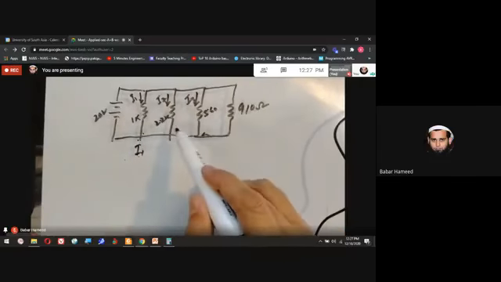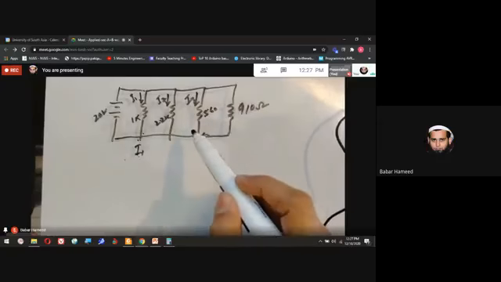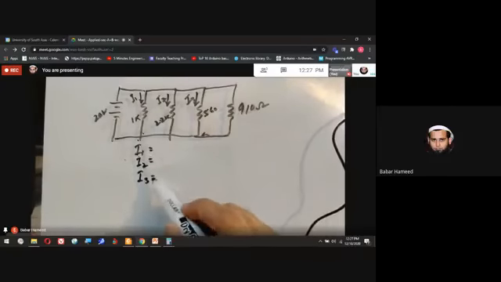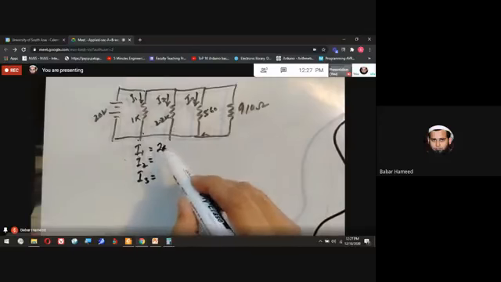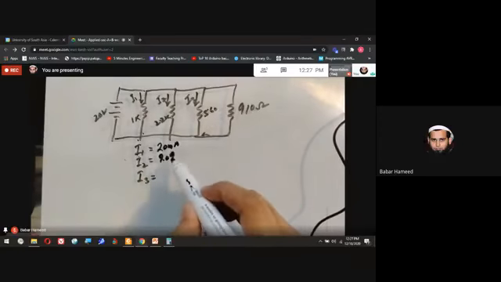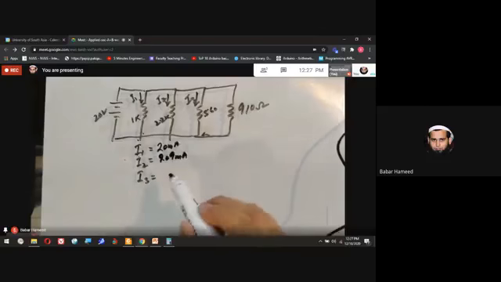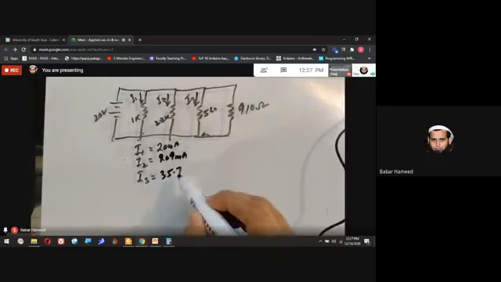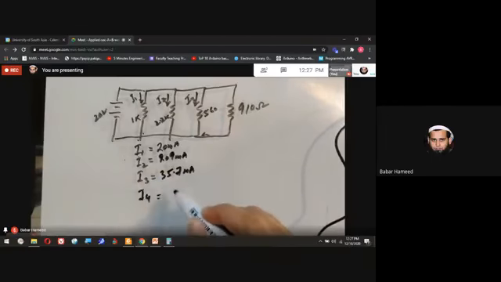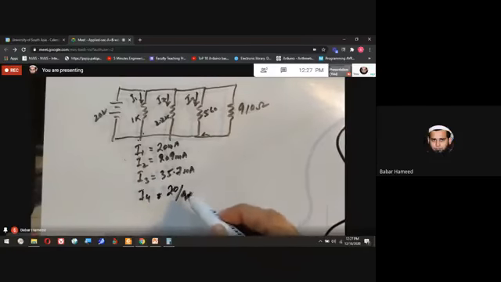I2 is independent of all other currents, and I3 is independent of all other currents. So I1, I2, and I3 will remain the same, as we found: 20 milliampere, 9.09 milliampere, and 35.7 milliampere. Now an additional current will flow. We have to find that current. That will be 20 divided by 910.